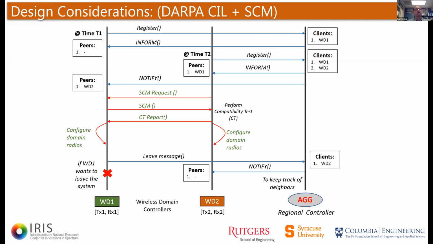The server informs them what's available in terms of other entities that are participating. And then you have this notification and the exchange of SCMs, where each of them can individually or in a coordinated fashion decide whether compatibility exists or not, and what needs to be changed in order for devices or domains not to interfere with each other.